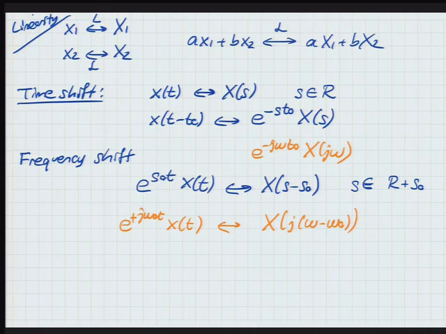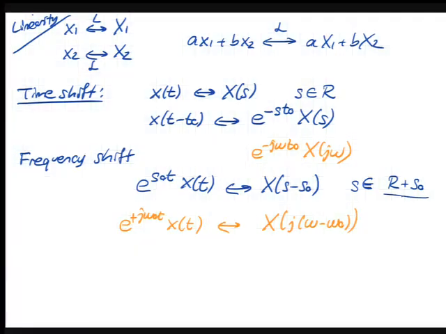Now, this is a funny notation, but it exists. I'm not the first one using this. So what is a set plus a number? What is a set in the complex plane plus a complex number? Add the number to every element of the set. That means basically shift the set, right? So if R was, say, this.